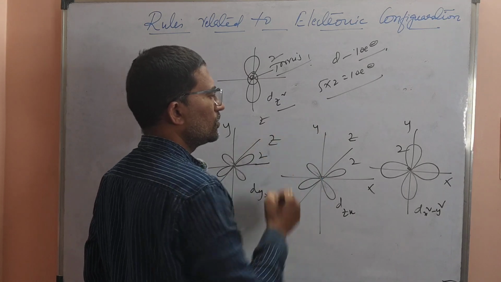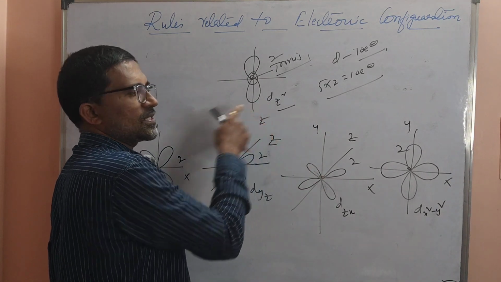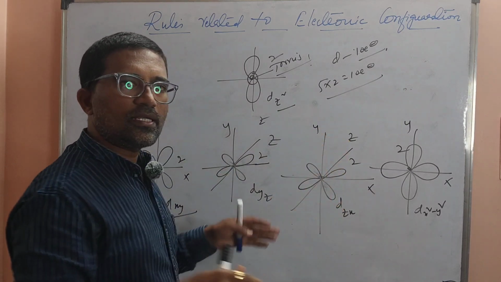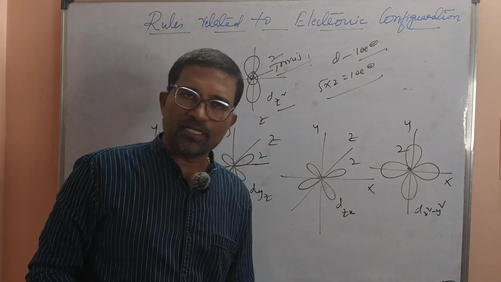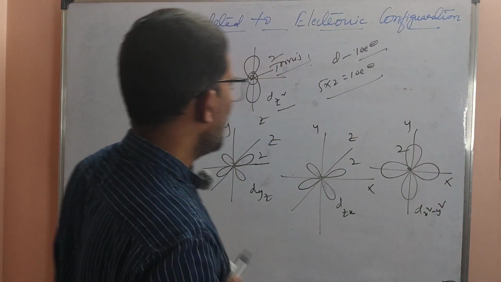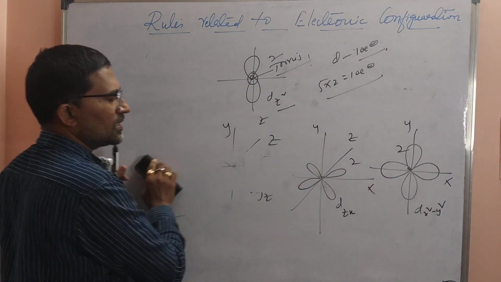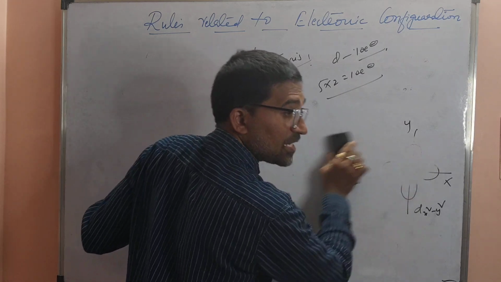Okay. So this is y-axis, and here listen carefully, dz square, 5 suborbitals are there. All these suborbitals are called degenerate orbitals of d, having the same amount of energy. I hope you all understood what degenerate orbitals are, how many degenerate orbitals are present in p orbital, how many are there for d orbital, how many are there for s orbital.